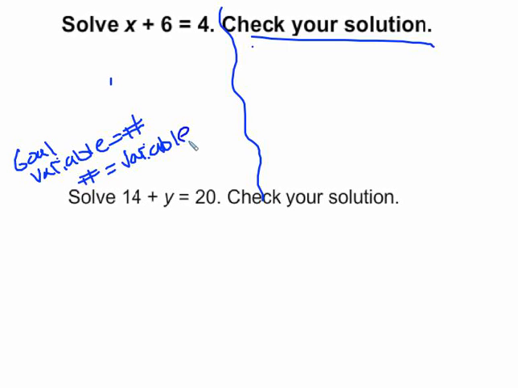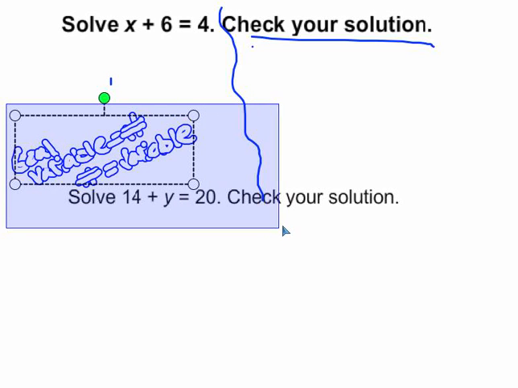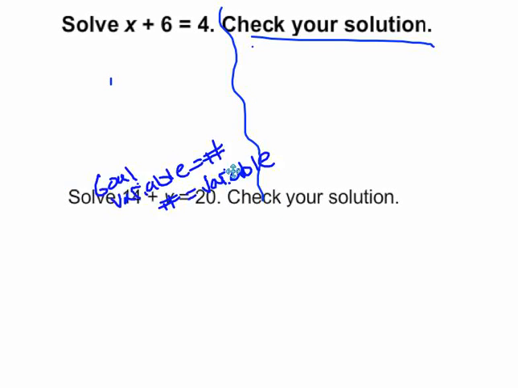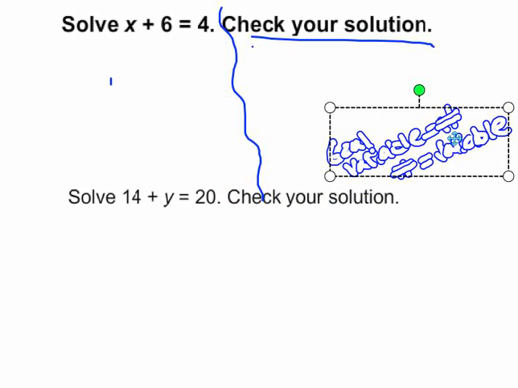So it doesn't matter what side the variable is on as long as my final statement is variable equals a number or a number equals a variable. Okay? So in this case, let me just move that for you guys. I'll move that over there for now.